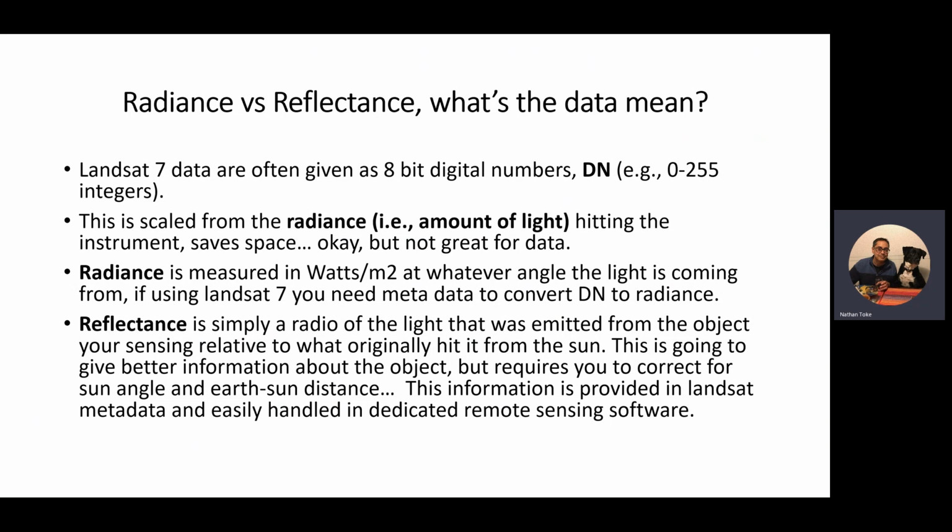And this can give better information about the object, but it requires you to correct for the sun angle and the Earth-sun distance. This information is provided in the Landsat metadata and is easily detected and handled using remote sensing software platforms.